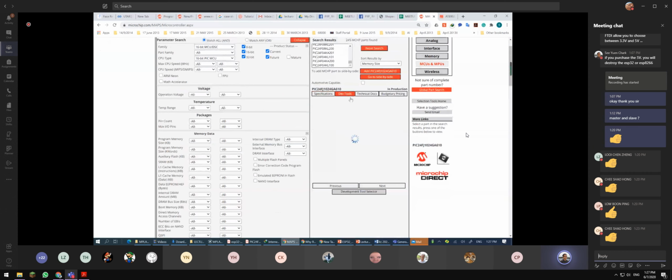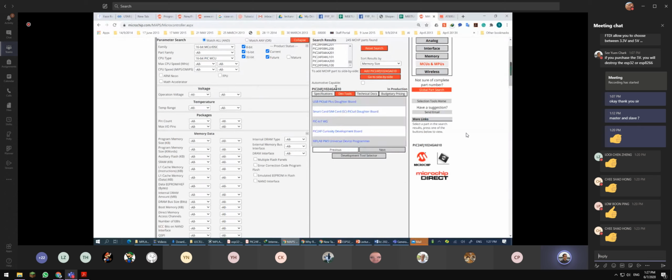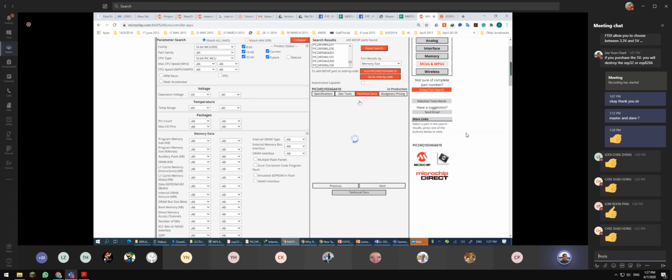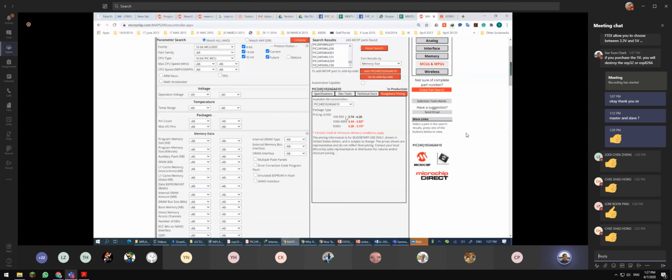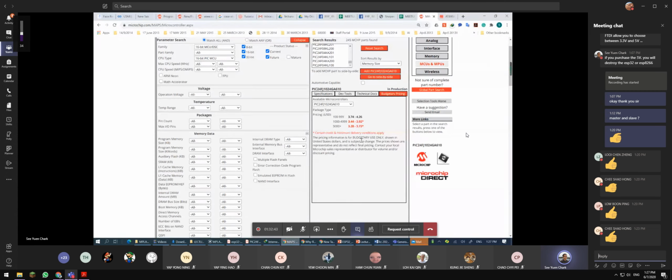Over here, they give you all the development tools that you need, all the technical documents of the related microcontroller that you choose, and all the pricing, how much it charges you if you buy in bulk. So remember, this is just a microcontroller.